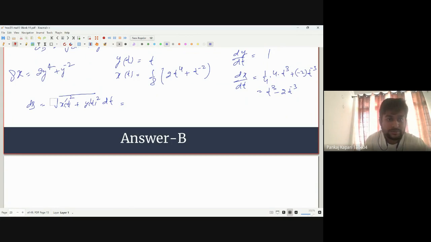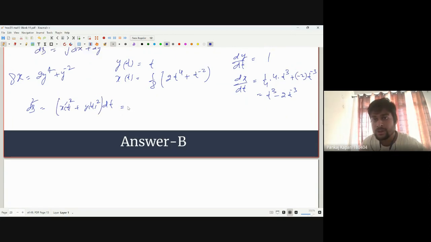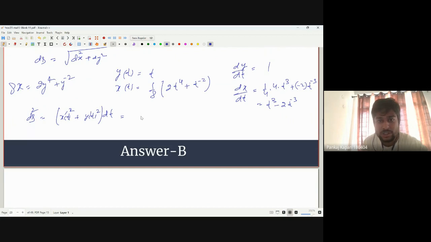Let's not take a square root now, we will take it after. So first write what is the square of ds. Y prime is just 1, so its square is 1, so 1 plus t cube minus twice of t to the power minus 3, squared.